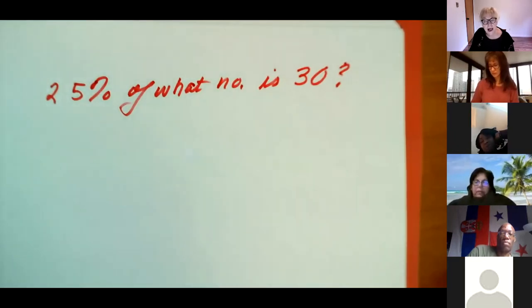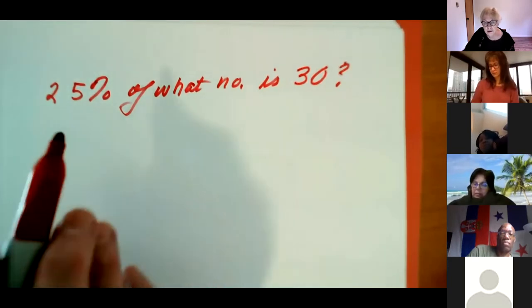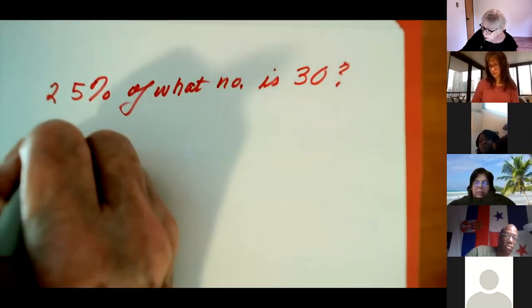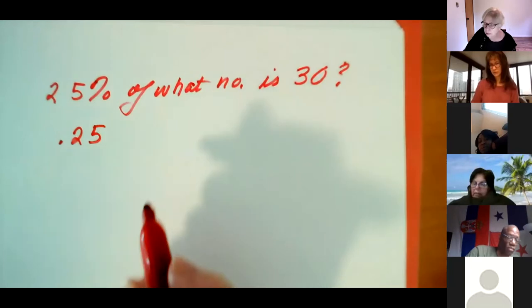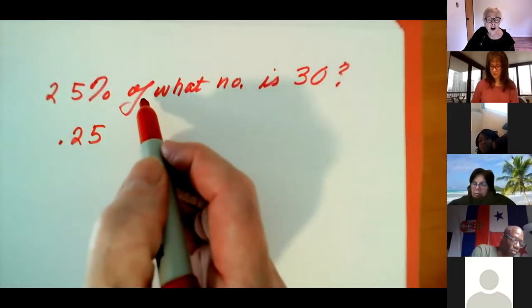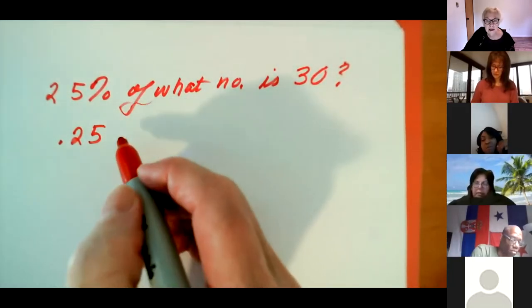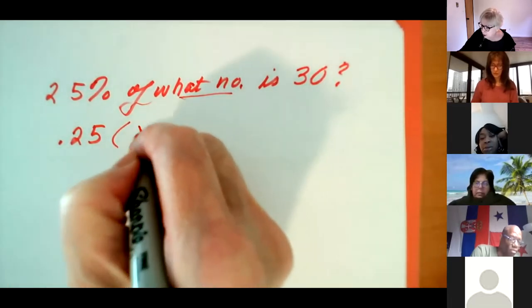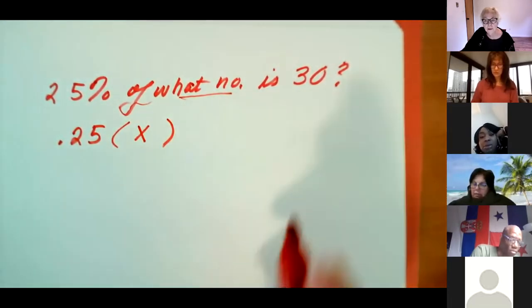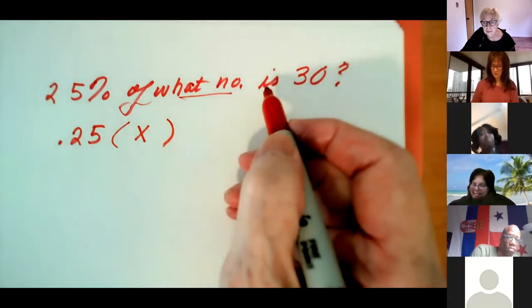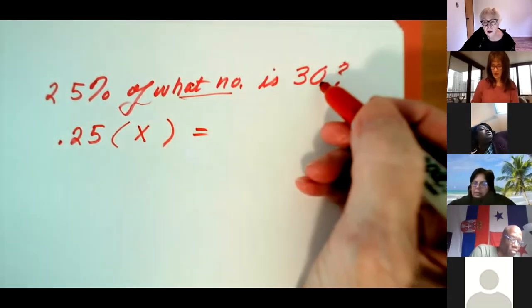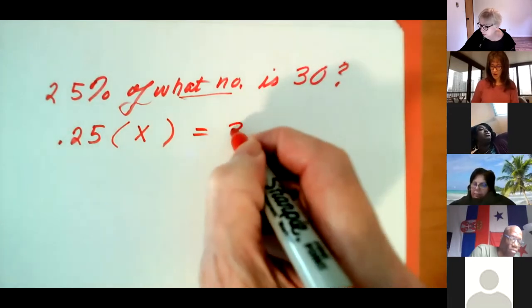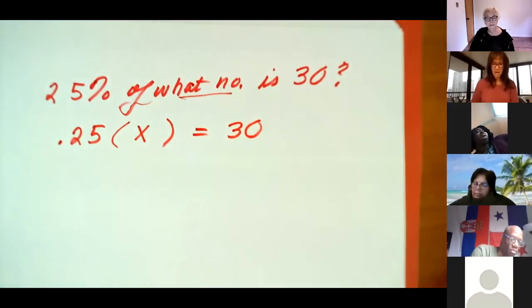We're going to get this out of English. 25%, I'm going to go 0.25 of, that's an of, by the way, is multiplied. What number, I'm going to go with X just to show I'm flexible, is equals 30. You see the translation?